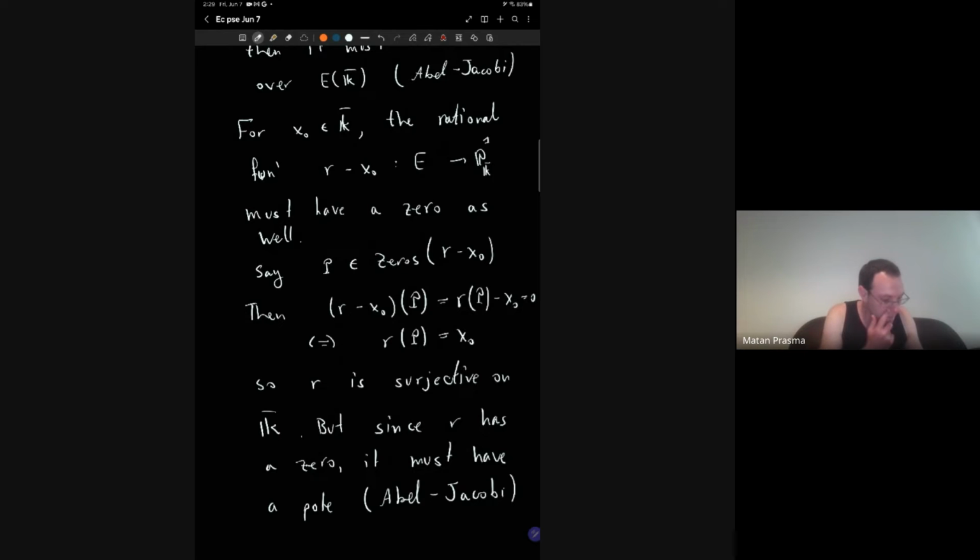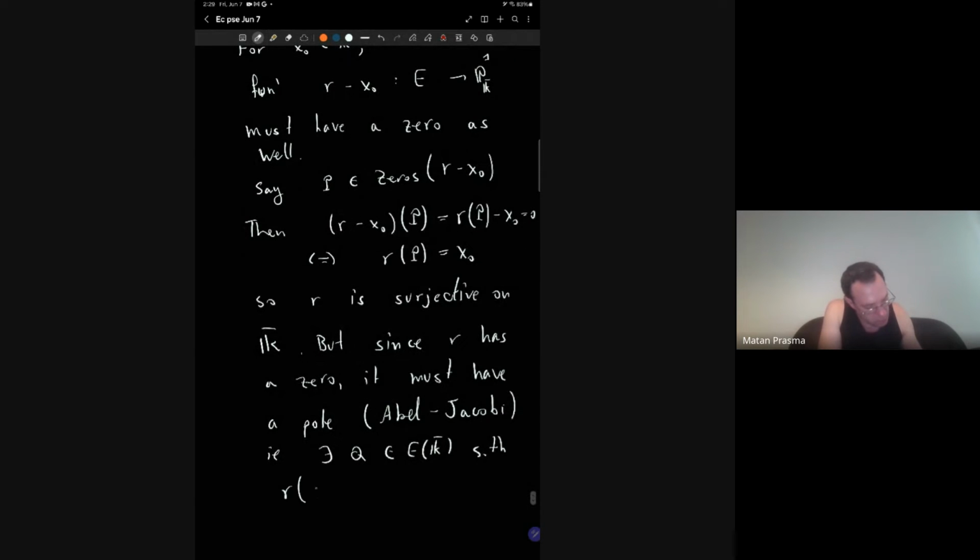I.e., there exists some Q in E over K bar such that R of Q is equal to infinity.